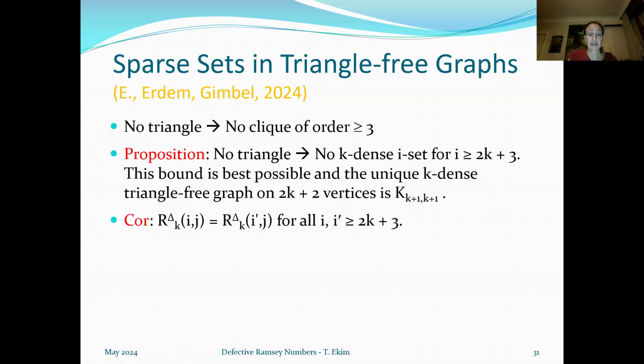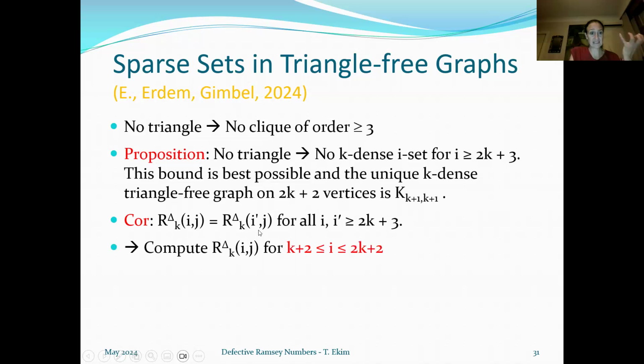Well, this means that the Ramsey number, so this is my notation for triangle-free graphs, will be the same for all I prime greater than or equal to 2k plus 3, because there are no such dense sets.